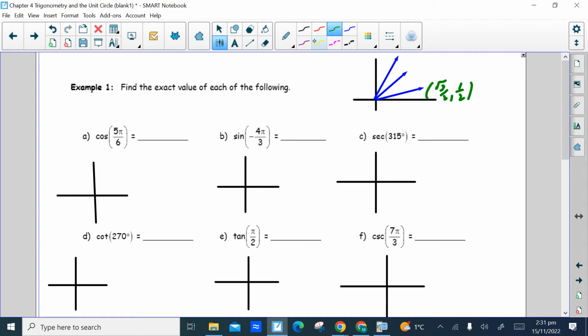At 45 degrees, they're both root 2 over 2. And at 60 degrees, it's 1/2, comma, root 3 over 2.